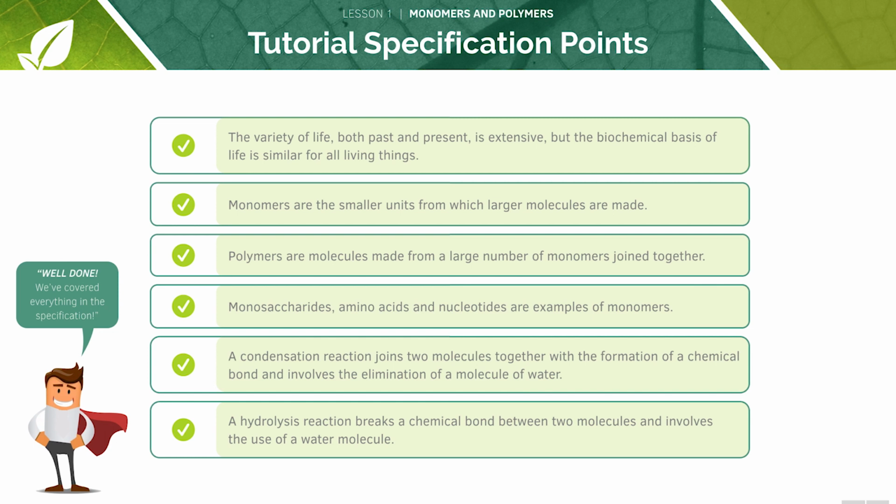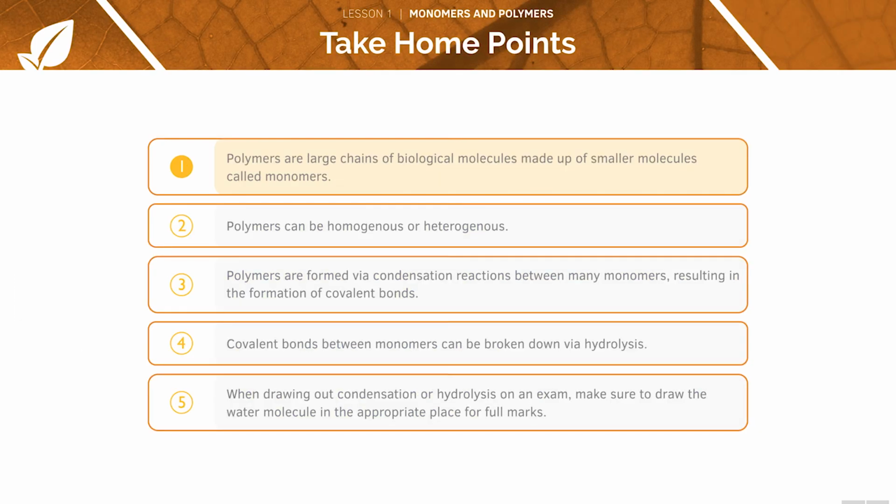We've now covered all the learning objectives for today's lesson. Feel free to skip back through the video and re-watch anything you are unsure about. Here are some key take-home points for this lesson. First, polymers are large chains of biological molecules made up of smaller molecules called monomers. They can be homogeneous or heterogeneous.